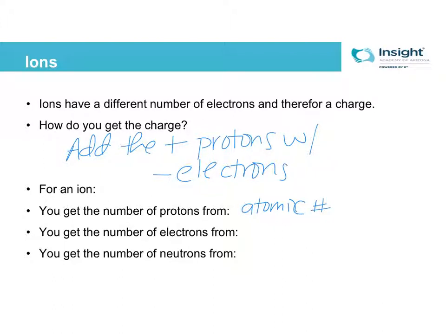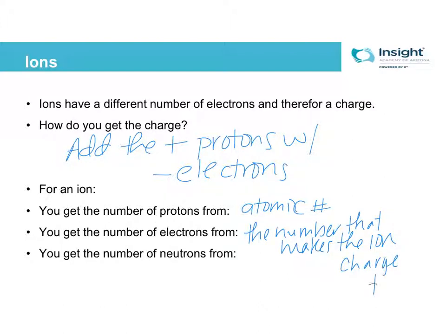The electrons, if you aren't given them, say you're given a charge, it's going to be the number that makes the charge true. All right, and we'll do some examples to kind of help you figure that out. But your number of electrons is going to be however many electrons gives you the charge of your ion.